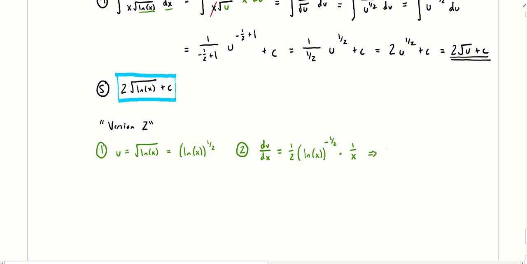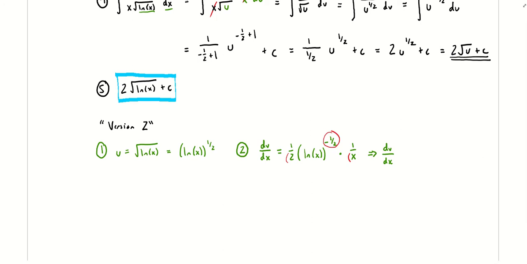Now I'm going to rewrite that just so it's a little bit nicer looking, so it's easier for me to solve for dx in the next step. Let's see. So what's on my denominator here? Well, this 2 from the 1/2, that's on a denominator. 1 over x, the x is on a denominator. And the natural log of x is raised to the negative 1/2, so that can be on a denominator as well.